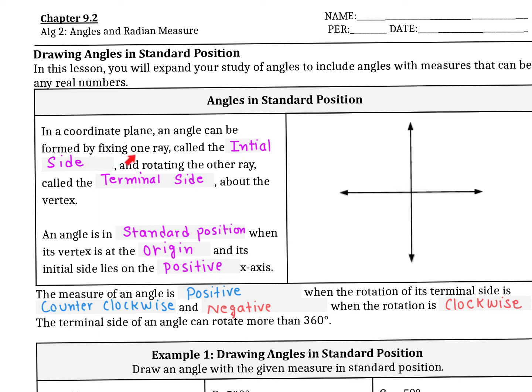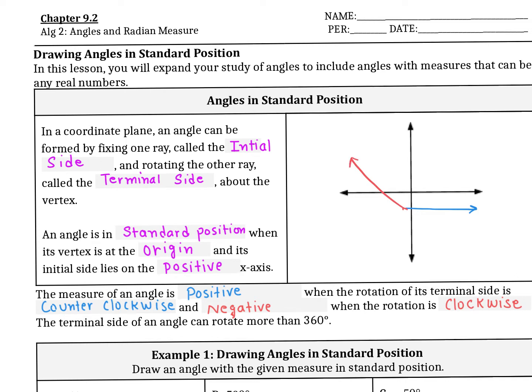In a coordinate plane, an angle can be formed by fixing one ray called the initial side and rotating the other ray called the terminal side about the vertex. So if this is the initial side, the terminal side can be any number that is this angle.